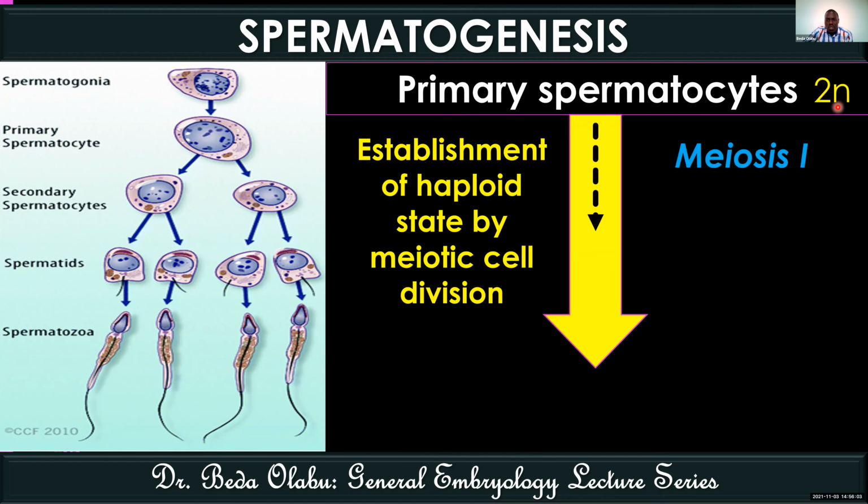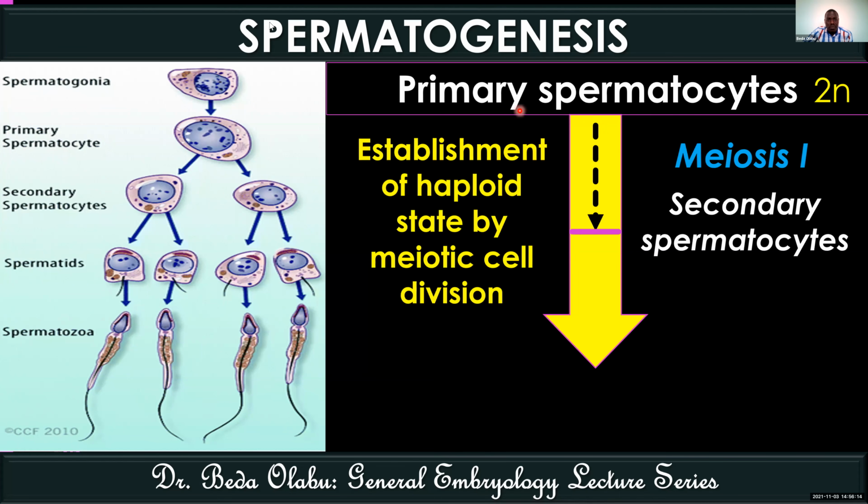So it will undergo meiosis. Remember, meiosis takes place in two stages or in two phases. There's meiosis 1 and meiosis 2. Meiosis 1 involves separation of homologous chromosomes.